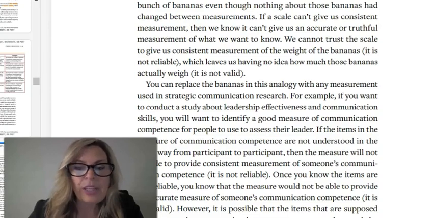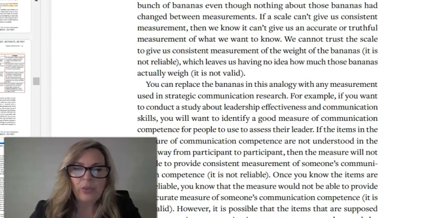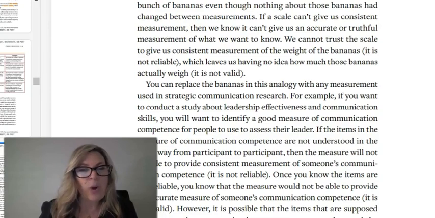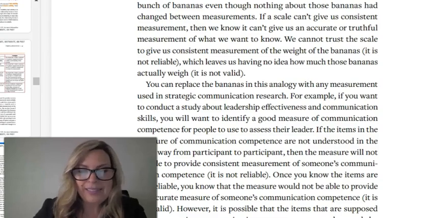If the items in the measure are not understood from participant to participant, then the measure will not be able to provide consistent measurement, right? So this is why word choice is extremely important. Definitions, extremely important, because we want to actually be measuring what we think we're measuring. We want everything to be reliable. We want our results to be valid.